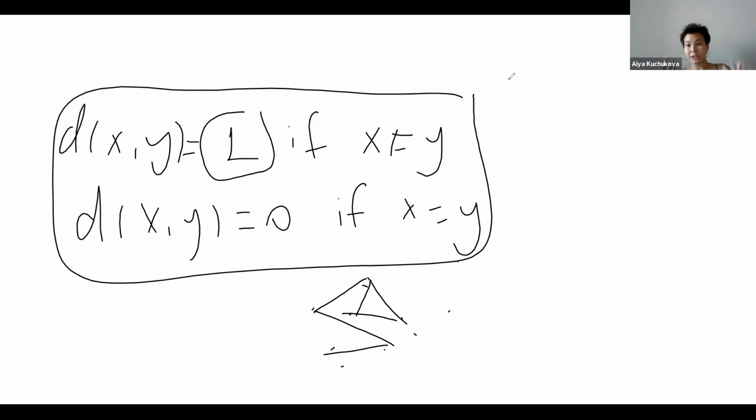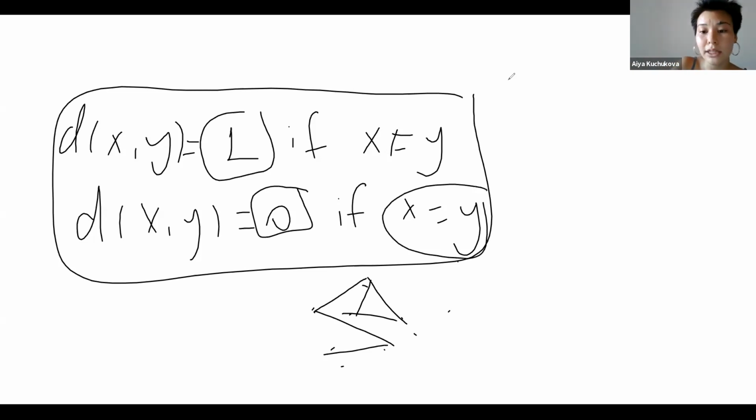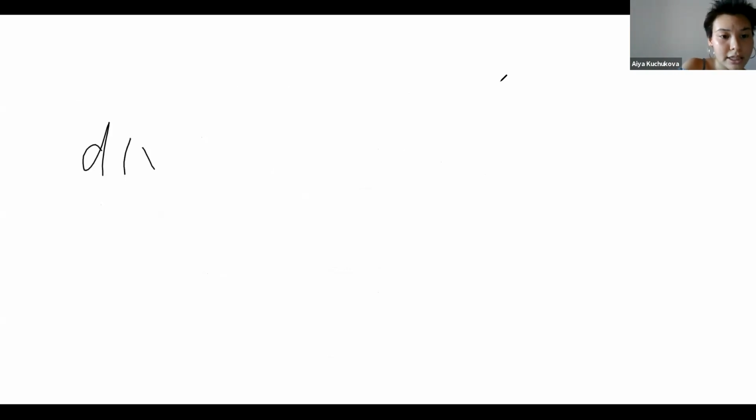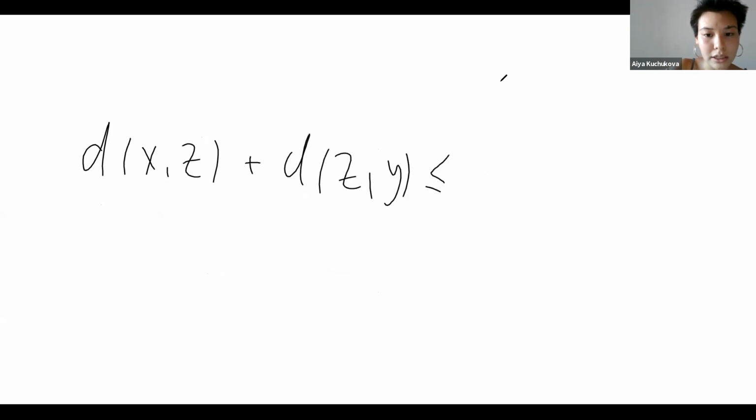So why is it a metric? First is that all of its values are non-negative. Great. Second is that d(x,y) equals 0 only if they are equal. Then also what happens is that you have the triangle inequality, right? Because say if you have d(x,z) plus d(z,y) is at least d(x,y), why?